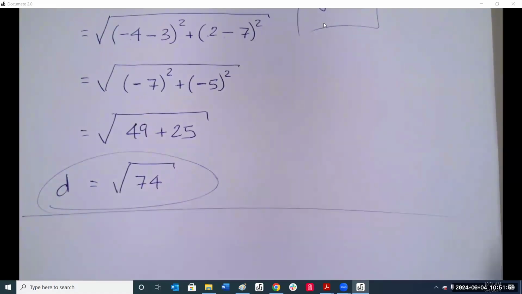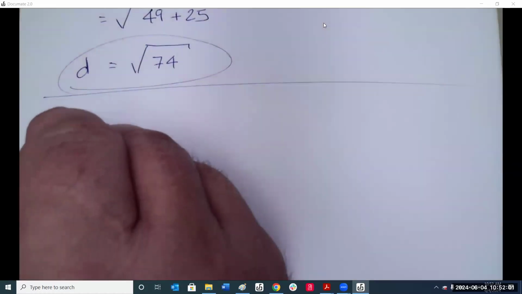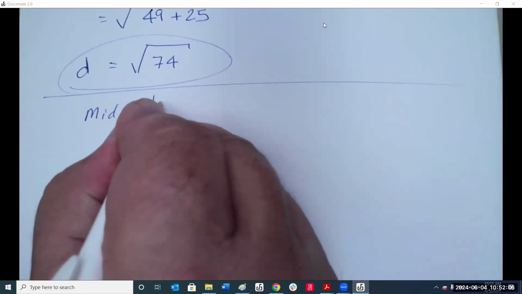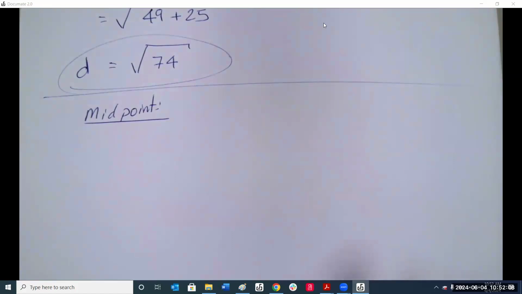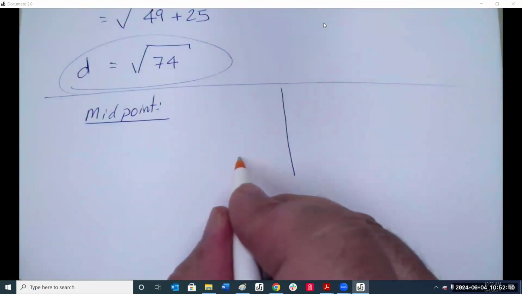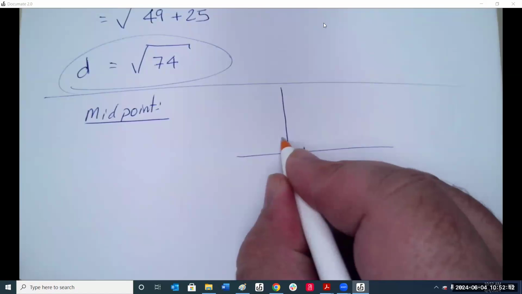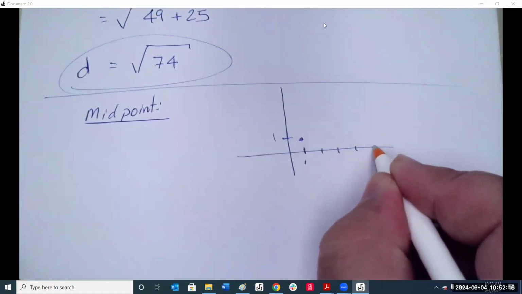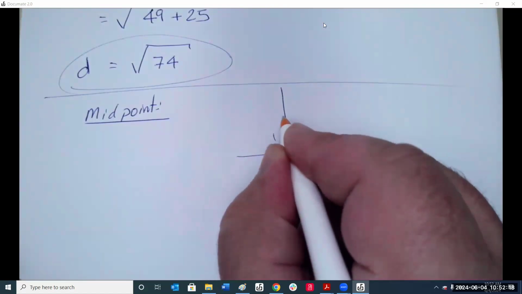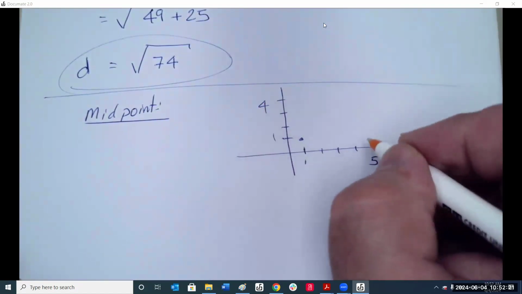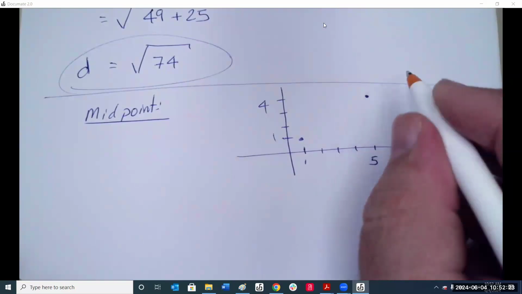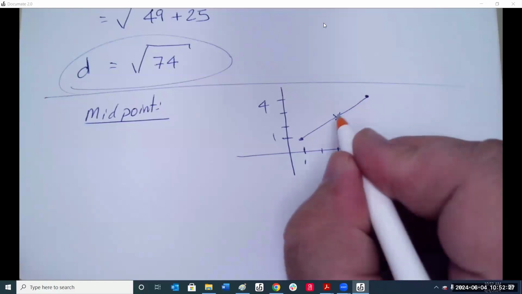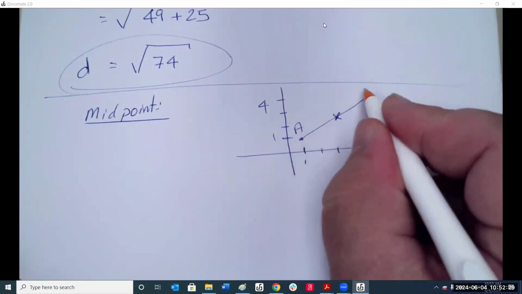All right. So the next thing we're going to look at is the midpoint. So I want to know, what is the location of the point halfway between A and B?